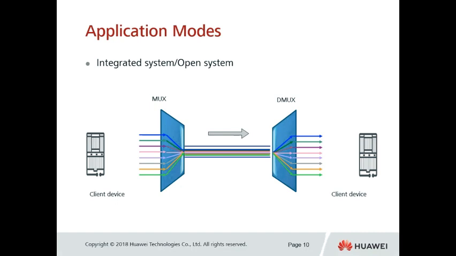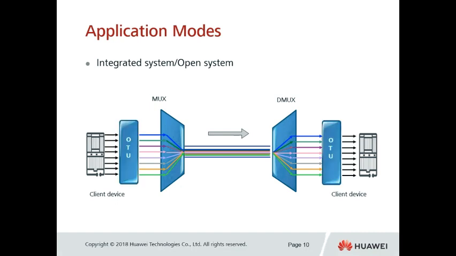Any signals can be accessed by the OTU board, and the OTU can use standard wavelengths to carry those client services. It doesn't care what kind of service it accesses. But we have another mode. Now almost all WDM systems use this open system or integrated system.